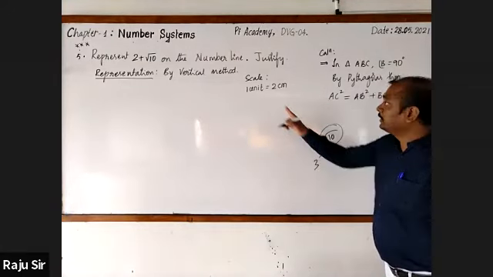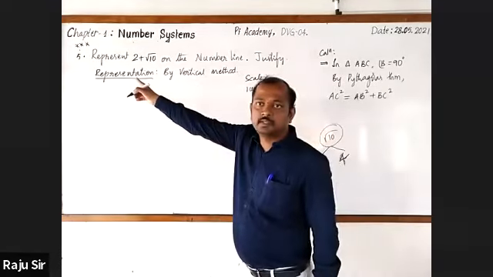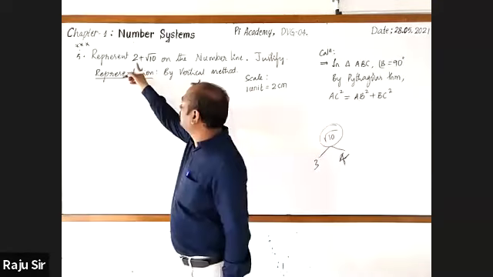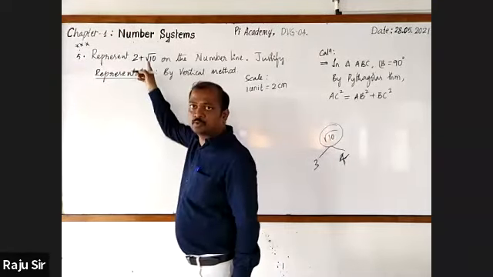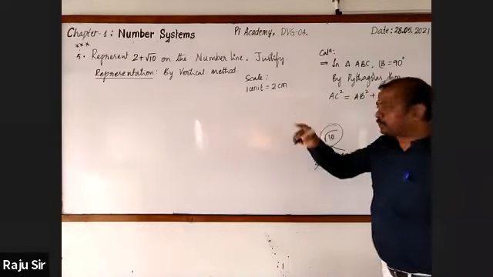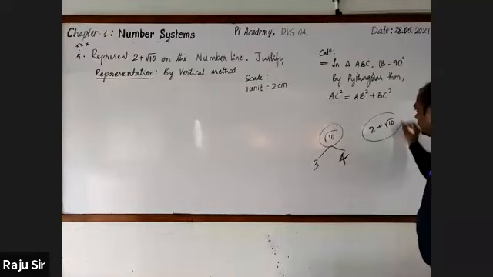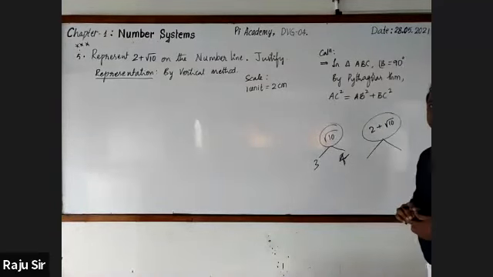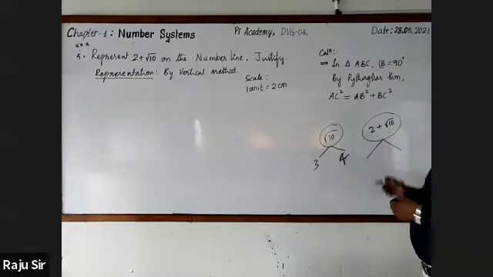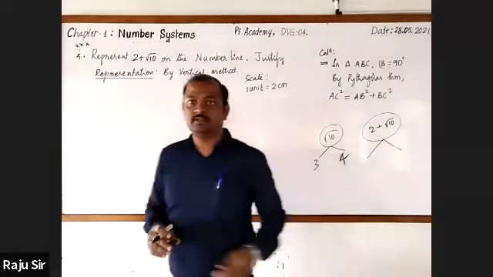Remember that. But observe here, the given question is represent 2 plus root 10. Then could you tell between which two numbers 2 plus root 10 lies? Root 10 lies between 3 and 4. 2 plus root 10, add 2 to that.